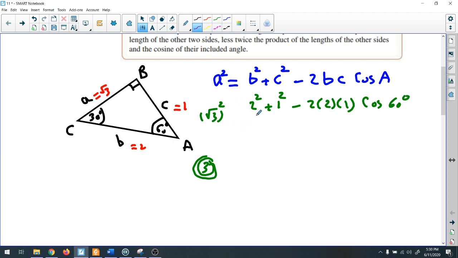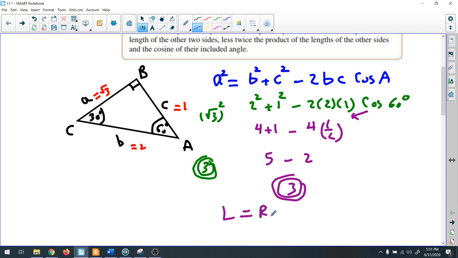So let's evaluate that. 2 square is 4 plus 1 square is 1 minus 2 times 2 times 1 is 4, and cosine of 60 is a half. So 4 plus 1 is 5 minus 4 times a half is 2. 5 minus 2 is 3. This is the right side, so left equals right.